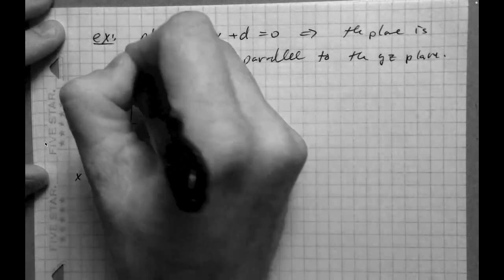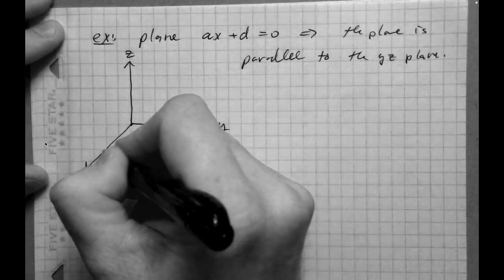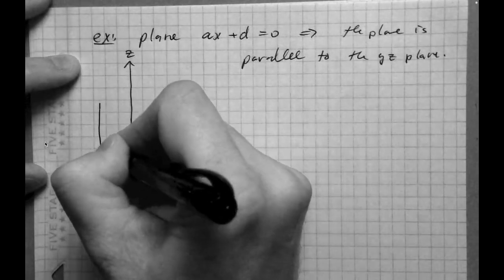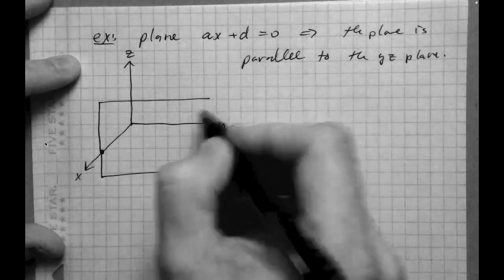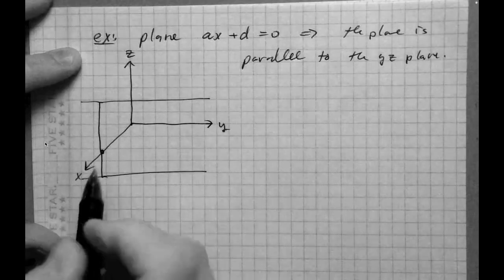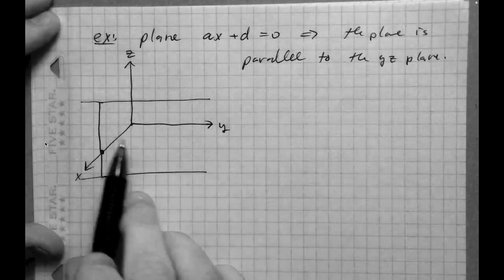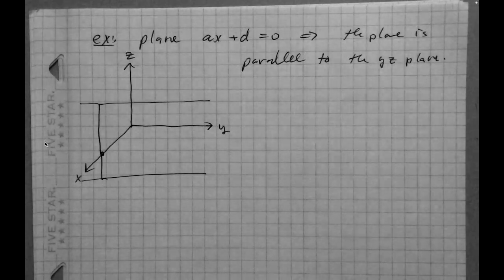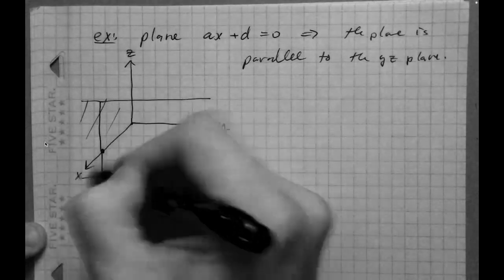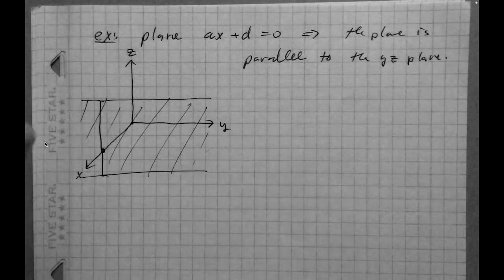So if you were to try to draw this, x, y, z, it's going to intersect the x-axis, but then it's just going to go like this. It's going to run parallel to the y-axis, and it's also parallel to the z-axis. So it never crosses them. It just sits out here on the x-axis.